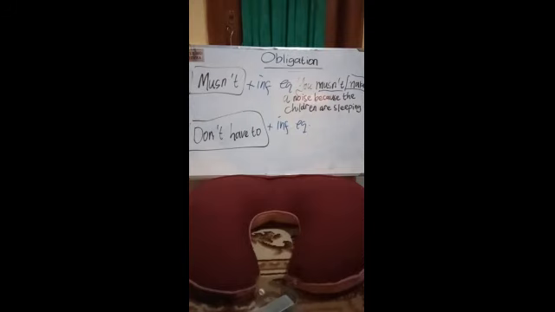Contoh lain, other example, you mustn't smoke here. Kamu tidak boleh merokok di sini. Jadi, mustn't digunakan untuk melarang seseorang melakukan sesuatu.